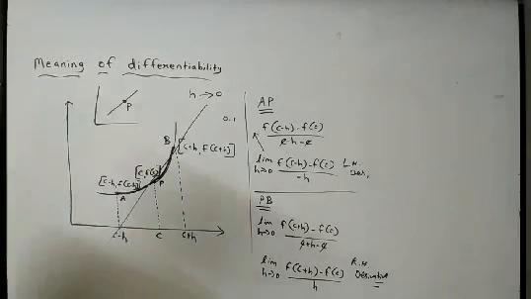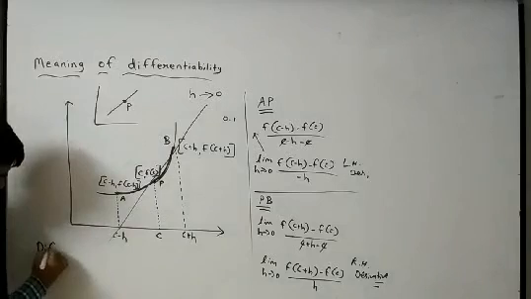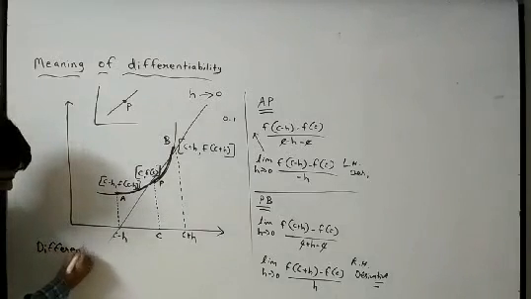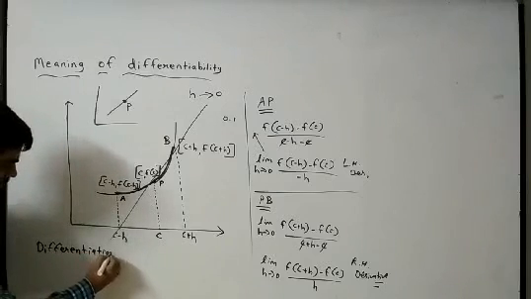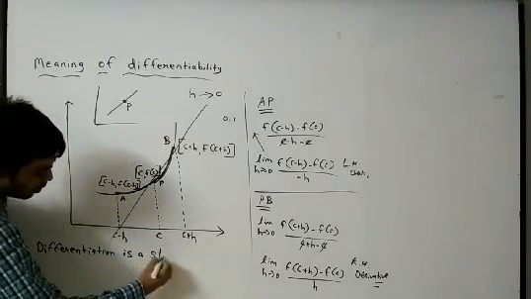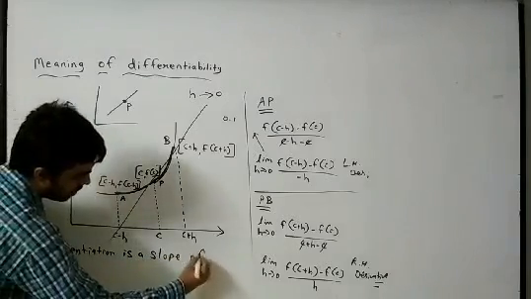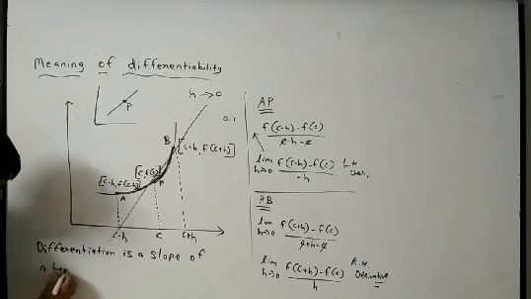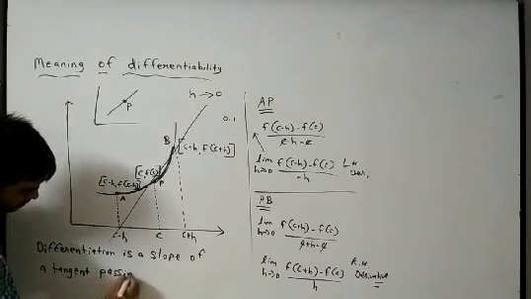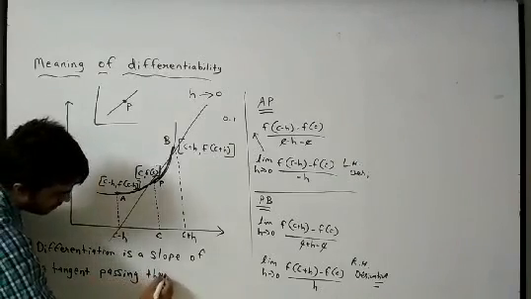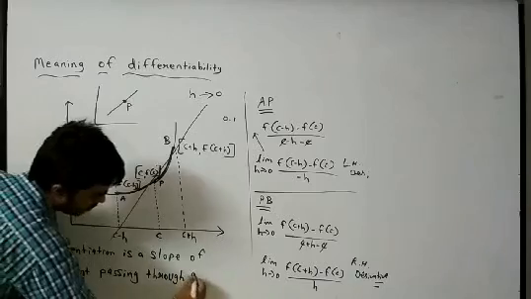So what is its meaning? Differentiation is the slope of a tangent passing through a point.